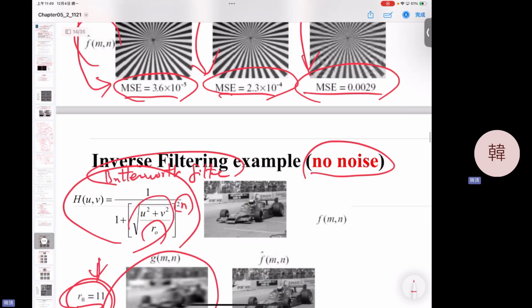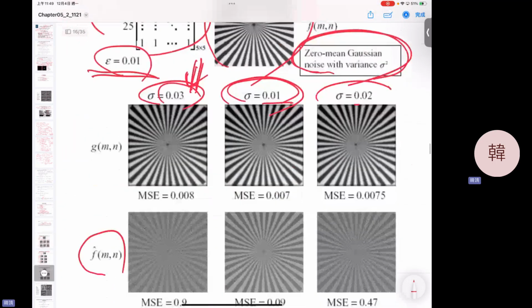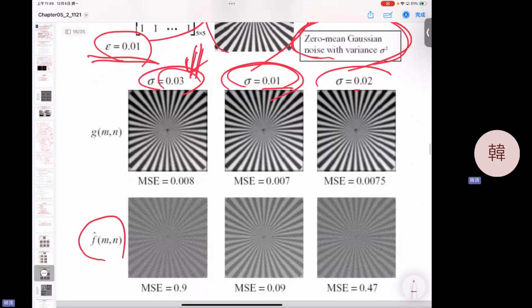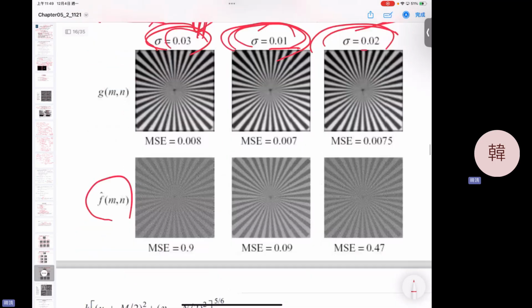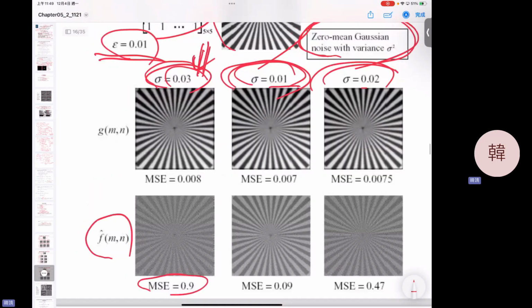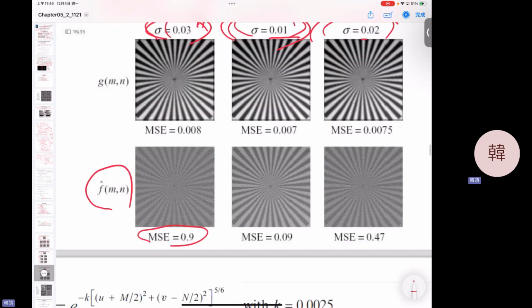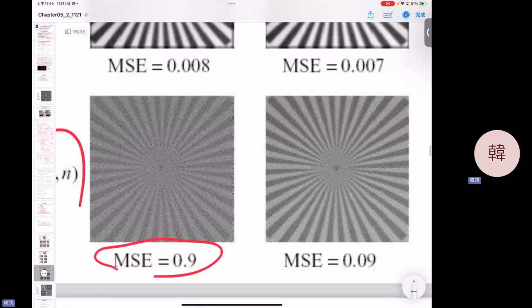All good condition in different blurring mask sizes. Now, if we add some additive noise with different sigma, different sizes of noise, even though we have the protection, the result becomes worse. Just look at the image here, disaster.